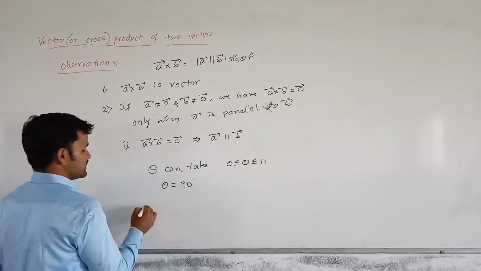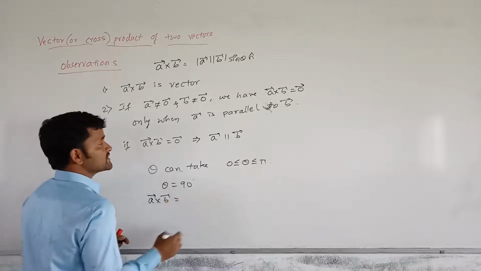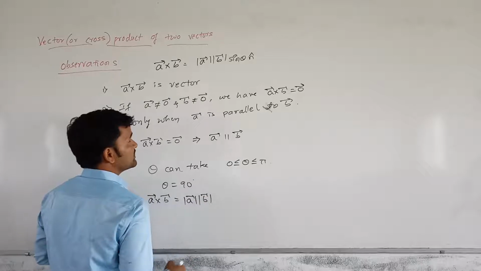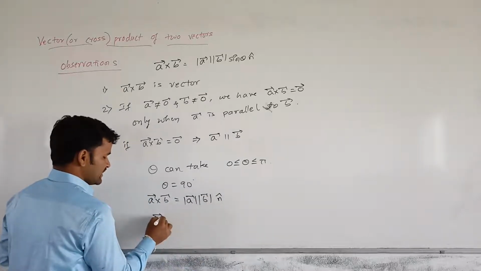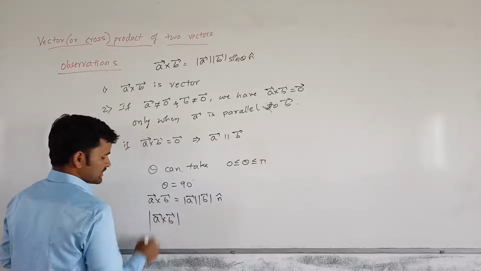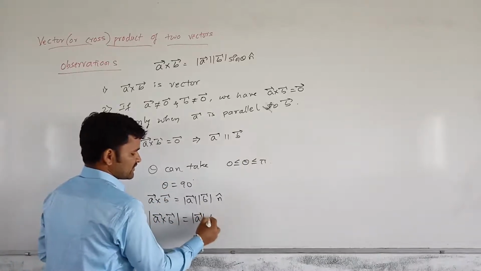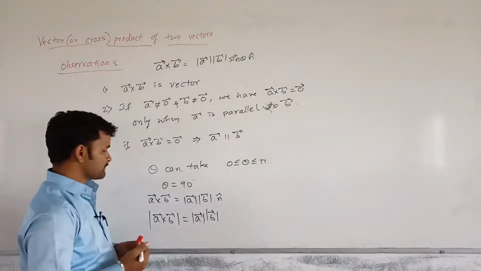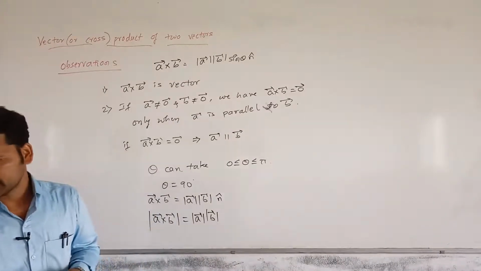If theta is equal to 90 degrees, then sin 90 is 1, so A cross B is magnitude of vector A into magnitude of vector B into n cap. And if you take the magnitude, magnitude of A cross B, when theta is equal to 90 degrees, will be magnitude of vector A into magnitude of vector B.